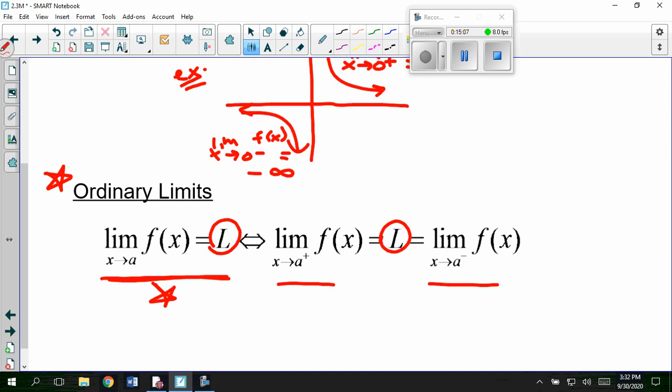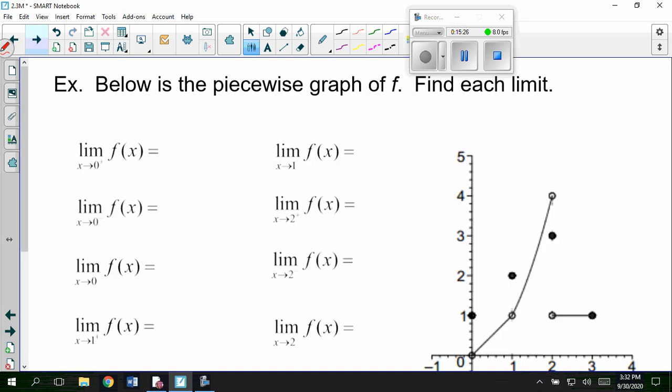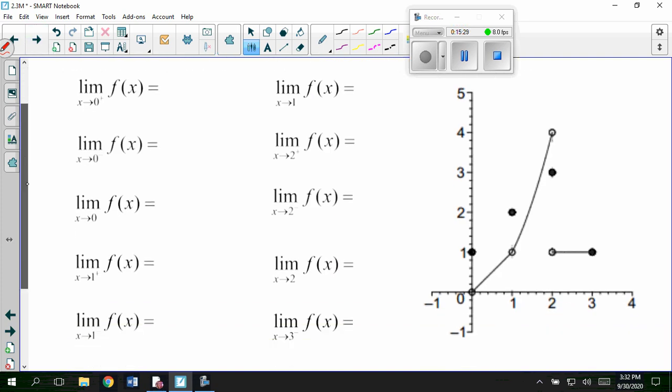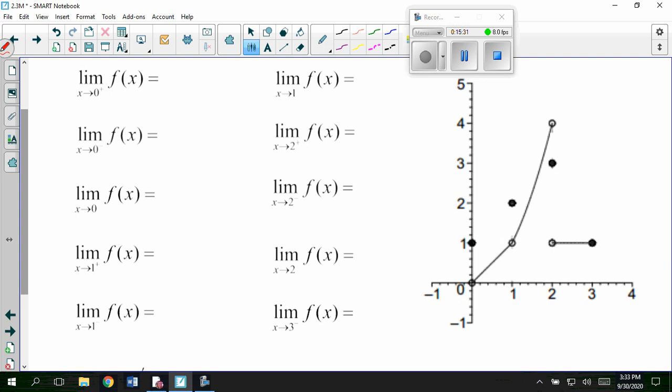Before I move to my next page, I'm going to warn you that, taking notes at home especially, this is going to be challenging because I have a picture of a piecewise function that's going to have a lot of different parts to it, and I have several limits. I'm going to change my screen now to that screen, and I know it's going to be a little bit tough to copy all of that pretty accurately and then write all of these limits down, and I actually even have 2 more limits below this list.